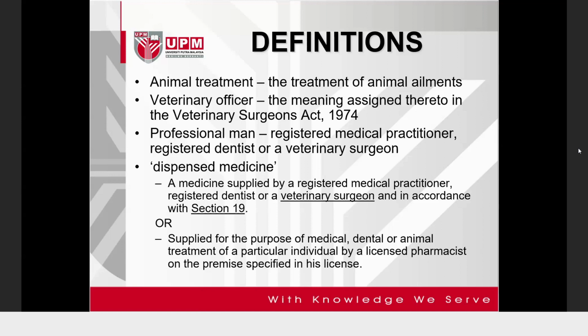Okay, so these are the three people who can dispense drug, or medicine supplied for the purpose of medical, dental, or animal treatment of a particular individual by a licensed pharmacist, on his premise specified in his license. So a pharmacist also can dispense drug, okay.